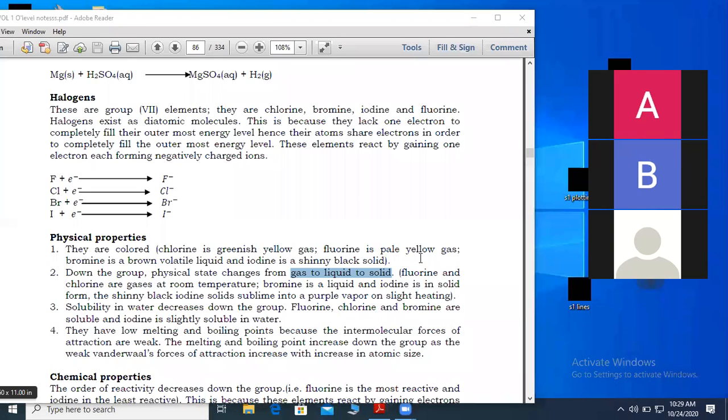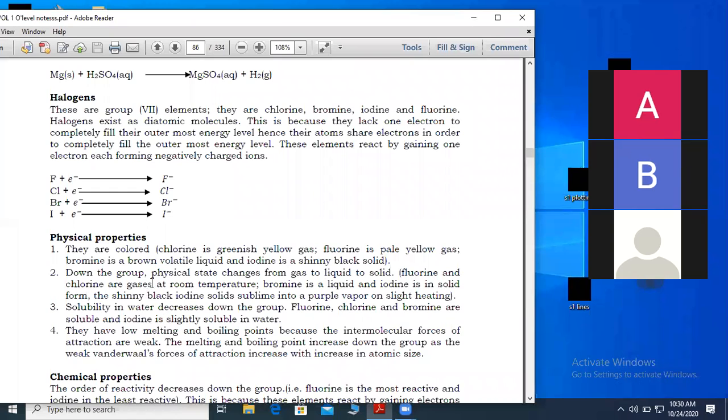But bromine can also exist as a liquid, and it can also exist as a gas. But iodine can exist as a solid. That's why we are saying down the group, the state changes from gas to liquid, and finally to solid.